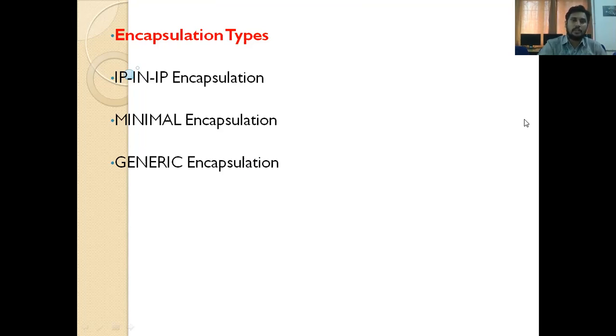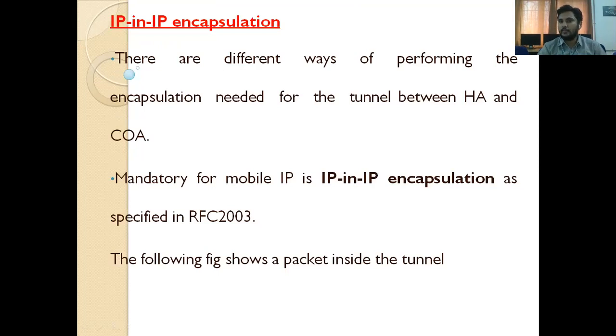Coming to the first one, IP in IP encapsulation. There are different ways of performing the encapsulation needed for the tunnel between the home agent and the care of address.